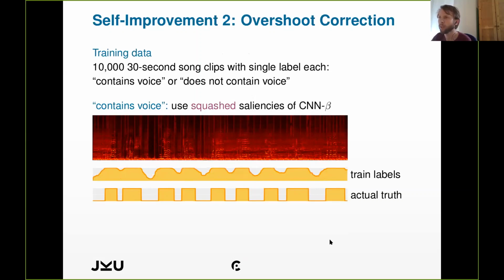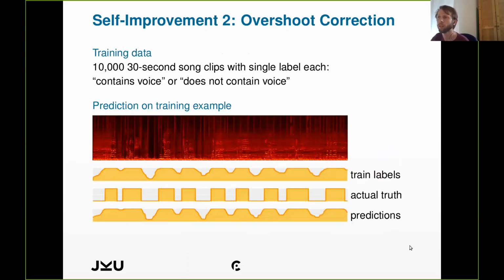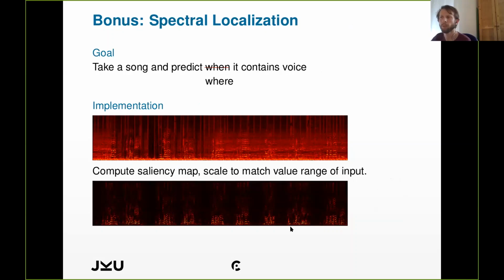And finally, when I train a network on this, it's getting results that are really close to training on accurately labeled data. Sometimes for one of the data sets, even surpassing it. And we can also look at the predictions. They are accurately following the training labels now, and they do not overshoot anymore. And something we can do on top is we can use the saliency maps as an extraction of singing voice from some input.